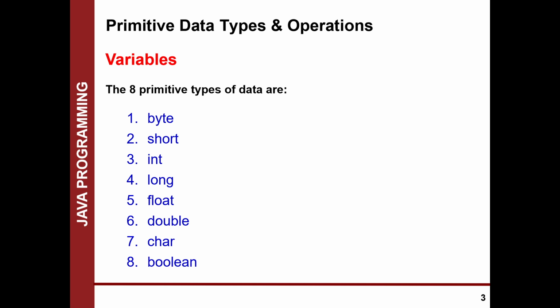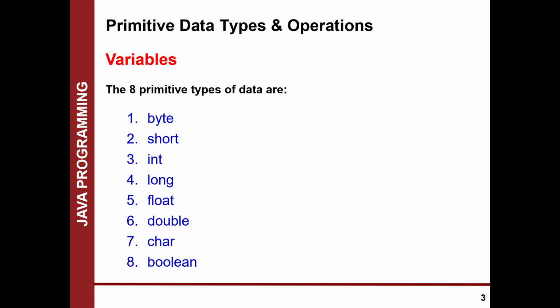Let me start from boolean. Boolean is a data type that allows us to store true or false in a variable. So if you want to create a variable that will only contain true or false, we can use the data type boolean.